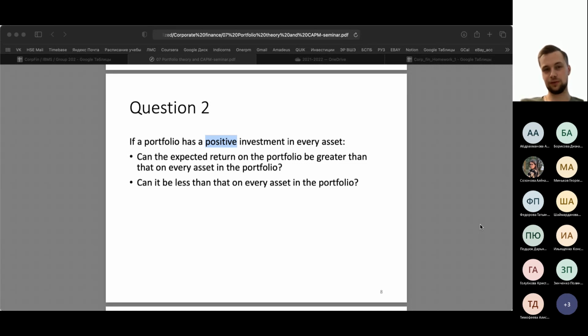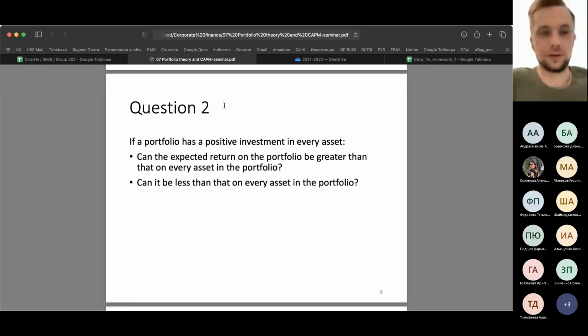If we expect that the price of the stock will go down, we can open the short position, sell the stock without even owning it, and then buy the stock. So we sell it for the current price, and then buy the stock later for the price that will be on the market. In this case, such an investment will be negative, and the share of this stock in the portfolio will also be negative, because we have sold it in advance.